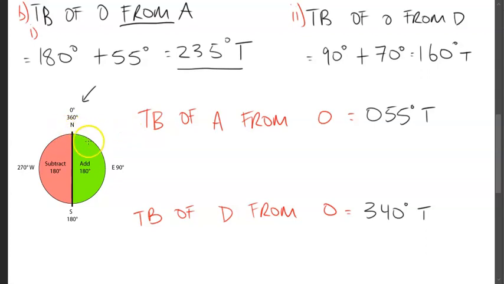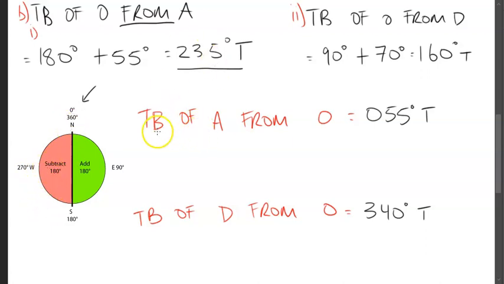If your bearing that you've initially found is within the first two quadrants, or the first half on the right hand side, so from 0 or 360 to 180, to get the back bearing of it, you just add 180 degrees to it, which is already what we did within the first one. To get the back bearing of any point within the second two quadrants, the second half, so 180 to 360 or back to 0, you just subtract 180.